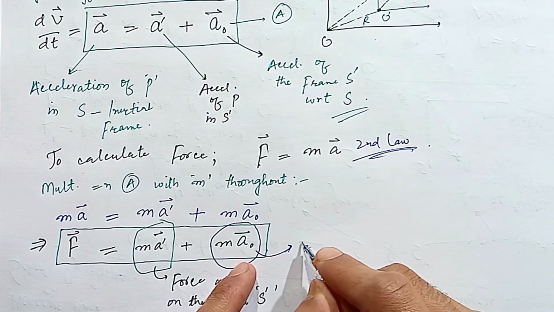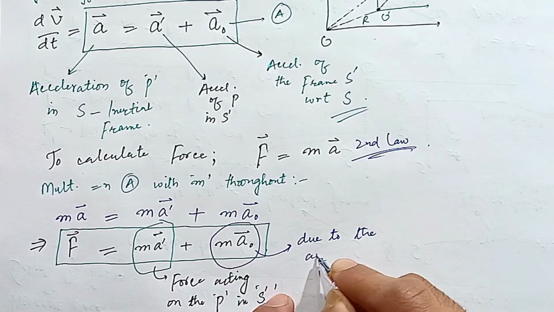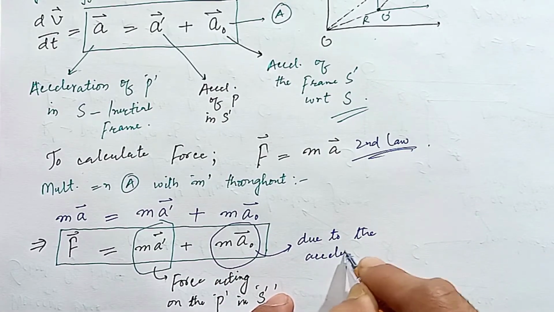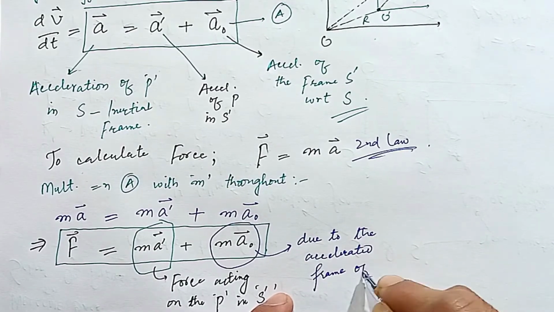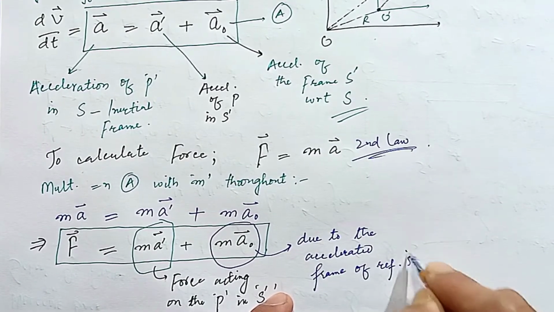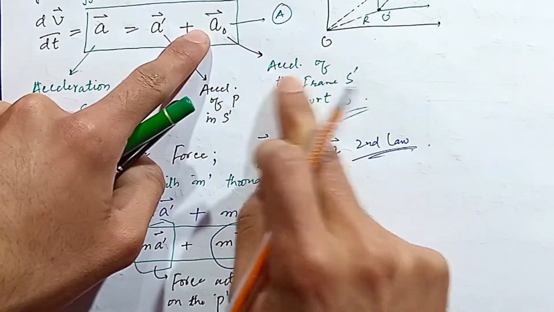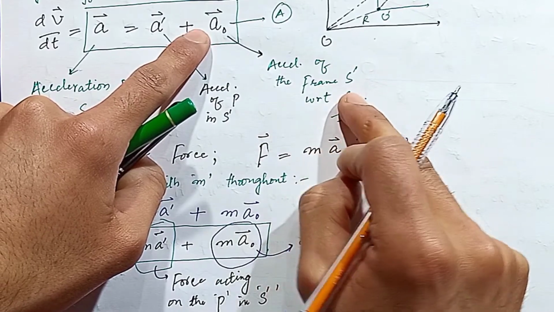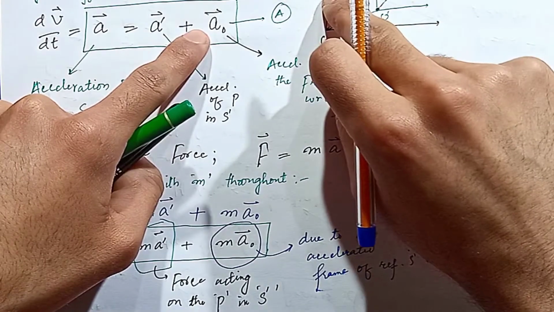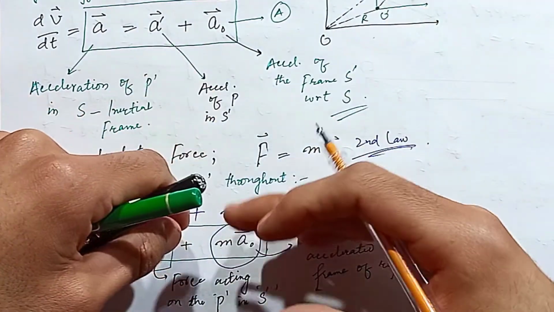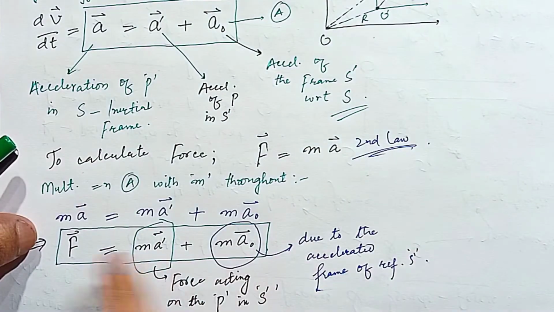This force is due to the accelerated frame of reference S prime, because a naught is the acceleration of frame S prime with respect to S. So this gives the origin of another force inside this equation.